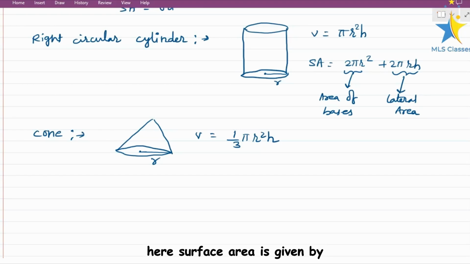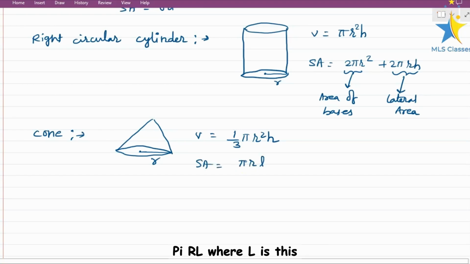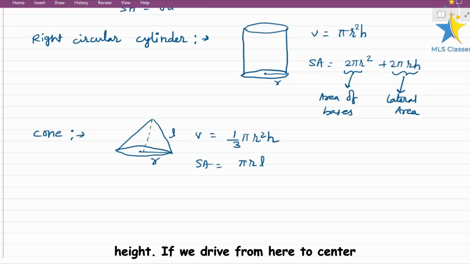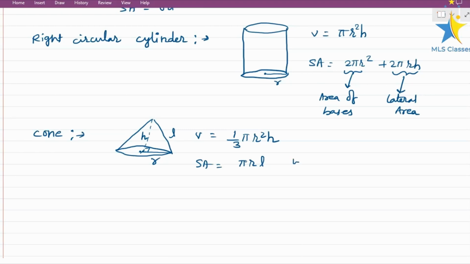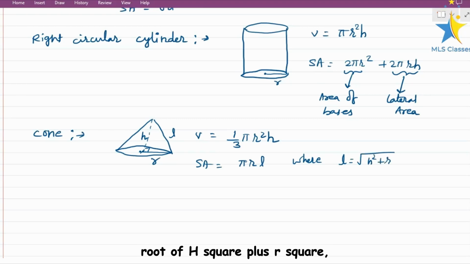And here the surface area is given by pi r l, where l is this slant height. This is called the slant height. If we join from here to the center, then that will be a perpendicular line. So this is suppose the height, then this is the radius. So this length l will be the square root of h square plus r square.